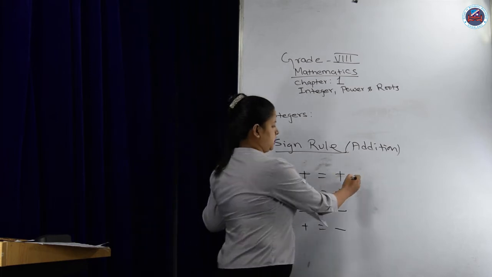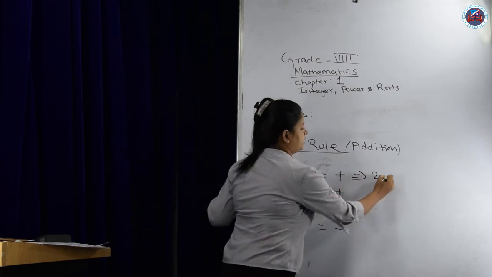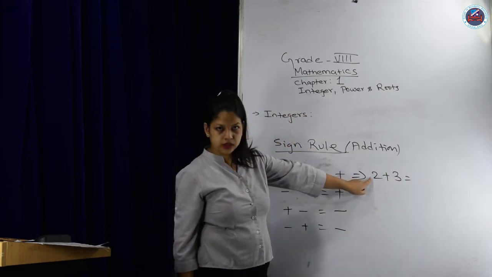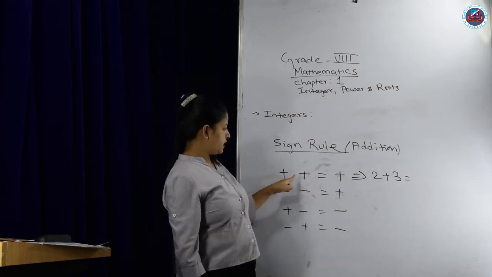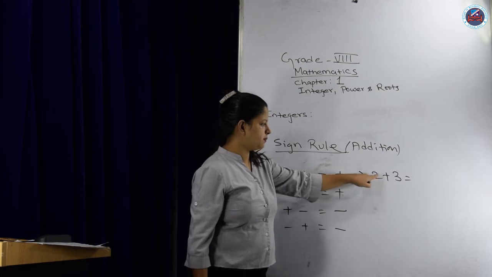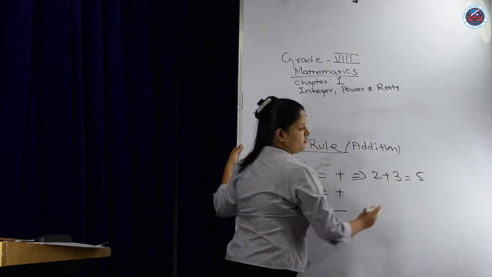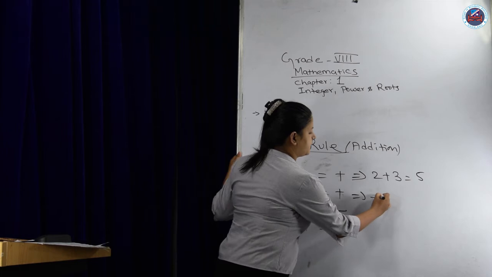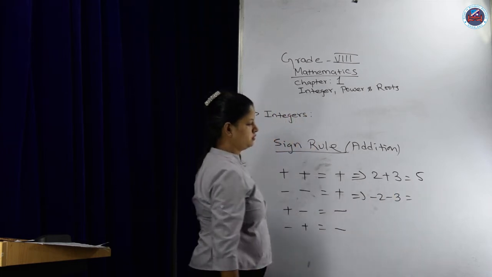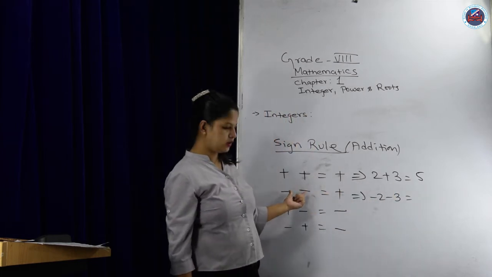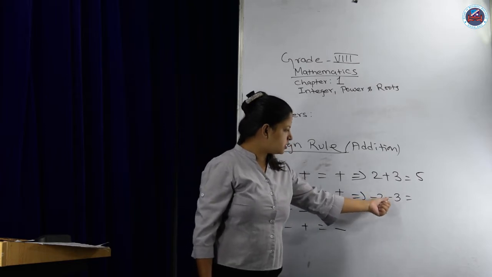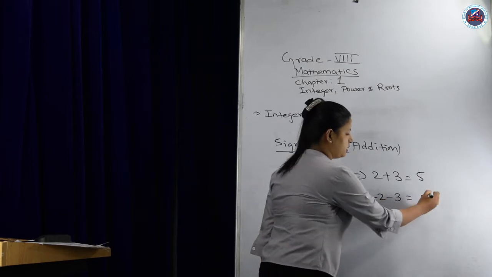Meaning, if I add 2 plus 3, there is no sign, which means it is positive, always remember. So plus plus is happening here. 3 plus 2 will give you 5, both addition. And for this one, if it's -2, -3, the same sign is given here, so you have to add them. 3 plus 2 will give you 5 only.